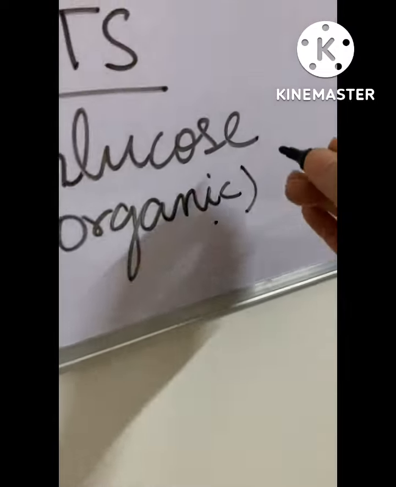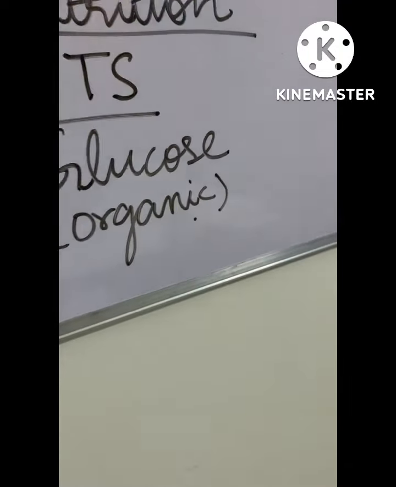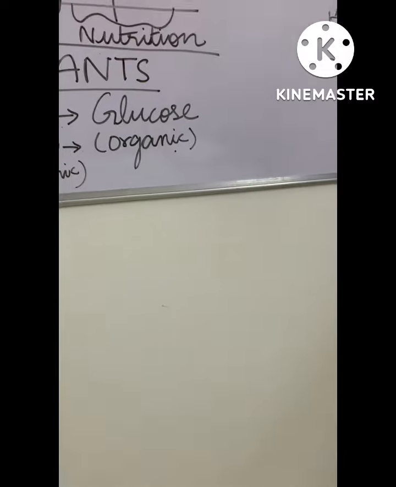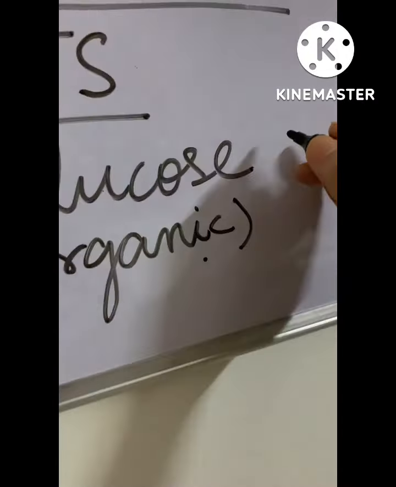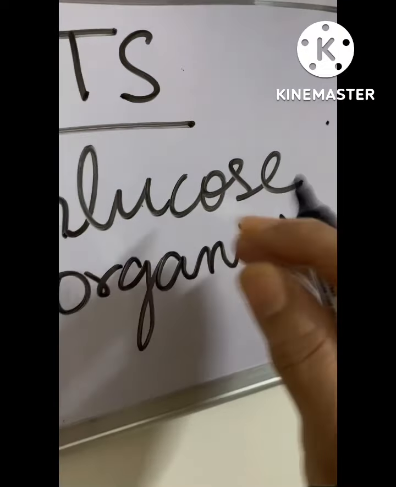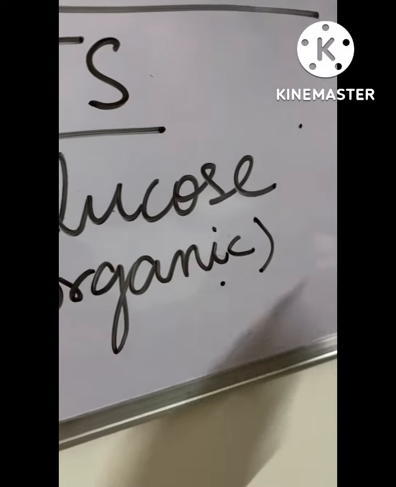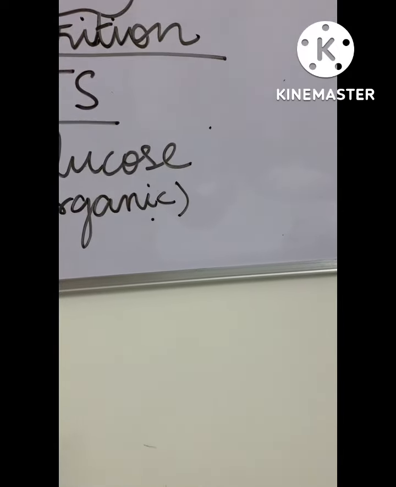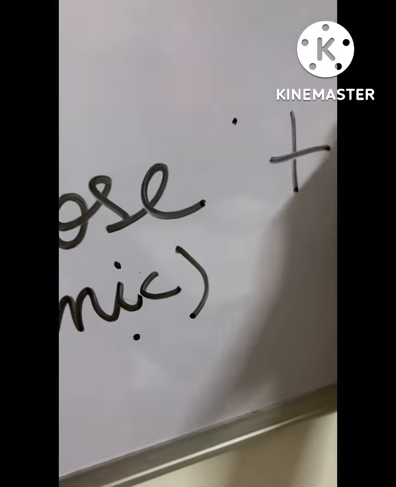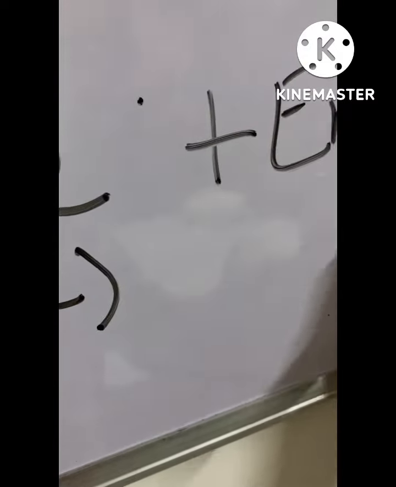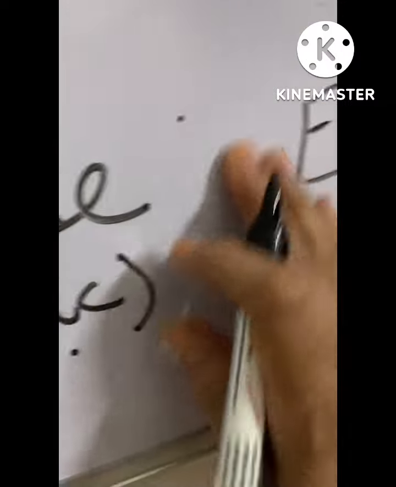And the food which is not utilized, which is not converted into energy. You know what is energy? When the food is broken down, then the food is broken down into simpler molecules, and some energy is released. Some energy is released when the food is broken down.